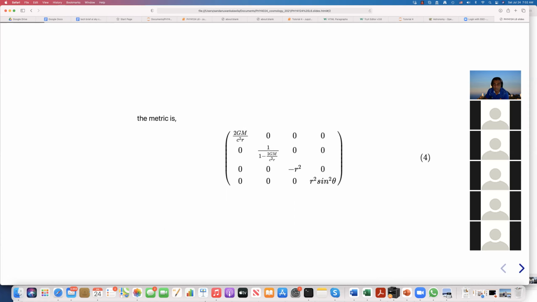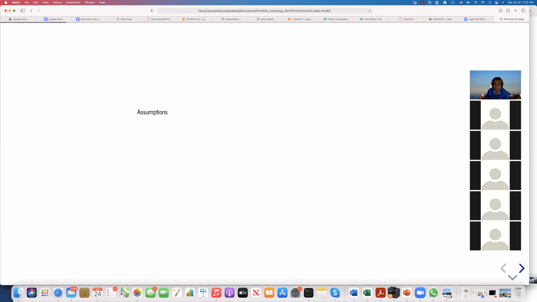Now, when we derive this Schwarzschild metric, there are some assumptions that we made. Those assumptions are mentioned here. Number 1 is that the metric describes the geometry of space-time surrounding a spherically symmetric body. Right?